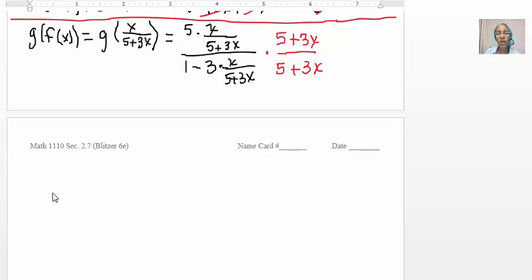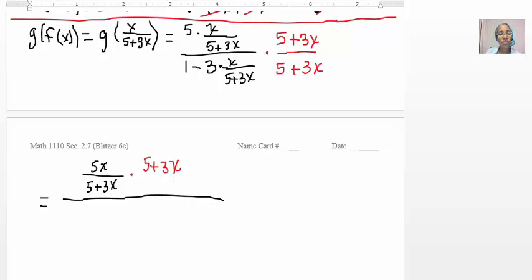I decided, at least on this one, I want to insert one extra step just to make sure what we're doing here is clear. I want to actually show this multiplication of each term, just to make sure that this product is clear. You're multiplying the numerator only by 5 plus 3x.